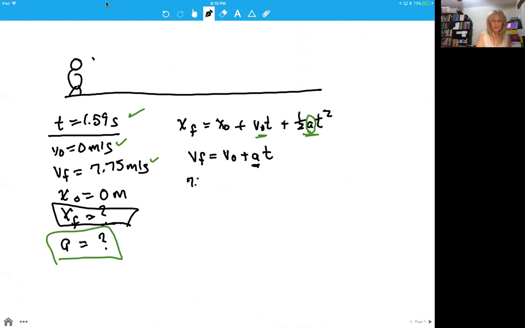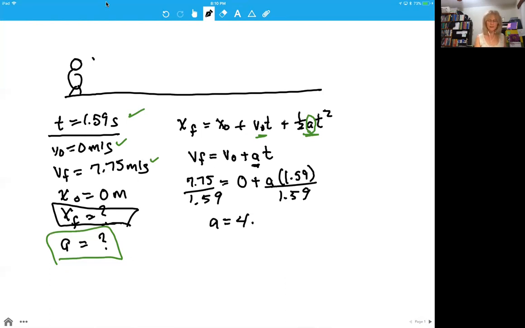We have 7.75 equals 0 plus a times 1.59. If I can do this right, I would just quickly divide each side by 1.59. This is just to go through the demonstration. And I get that the acceleration is about 4.87 meters per second squared, I believe.